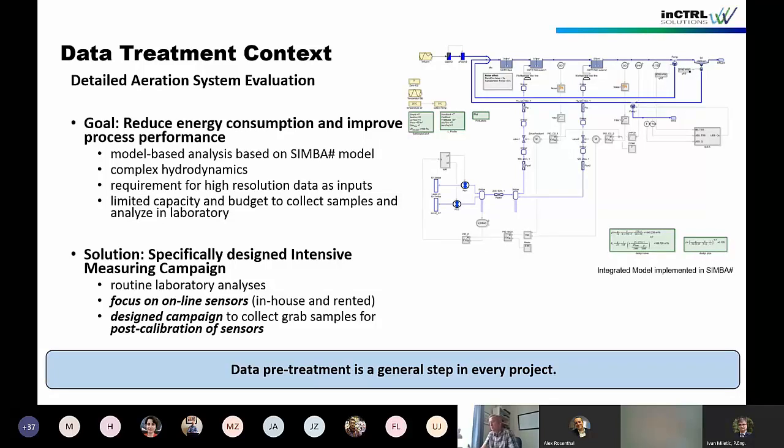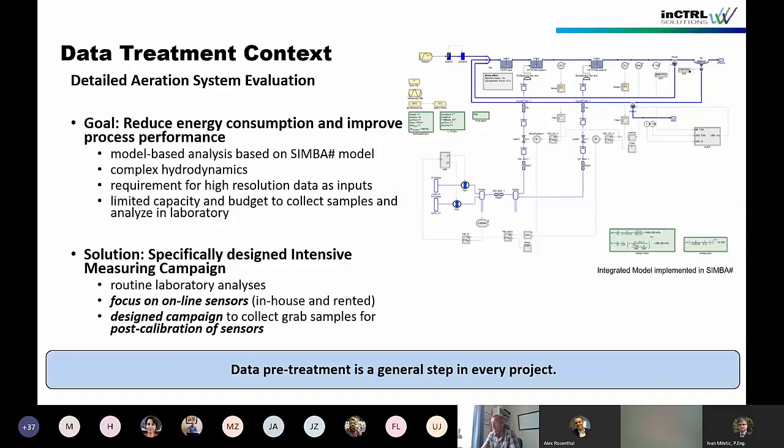There are different ways of doing that. We thought about tracer experiments, but the budget was limited, so we thought, let's use online sensors. The plant is already equipped with quite a few, and we decided to rent many more sensors. So that was a big installation. In the end, there was little water left in the tank, so we had 1 pilot tank.